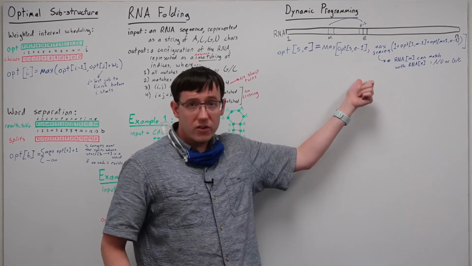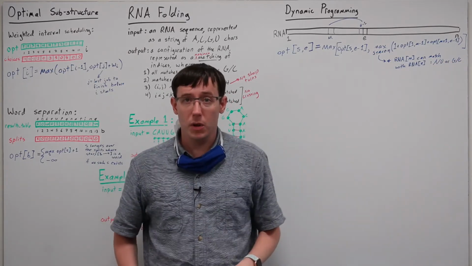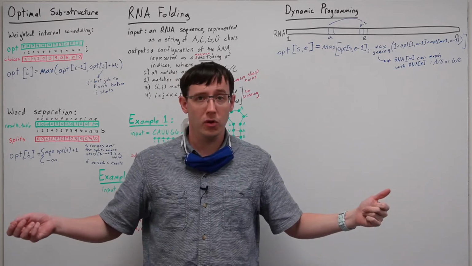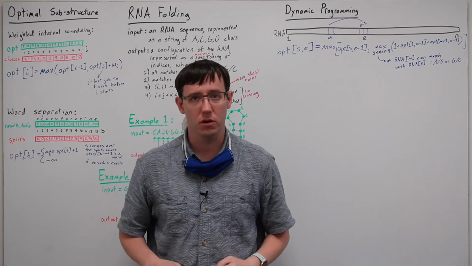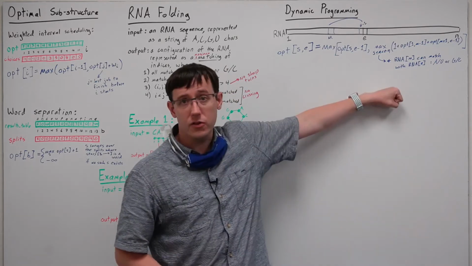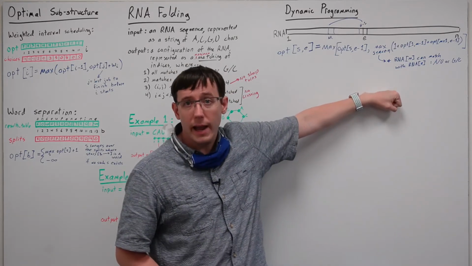So this equation tells us how we could implement a bottom-up dynamic programming algorithm or a top-down recursive algorithm with memoization, and gives us a big head start on proving those algorithms correct.